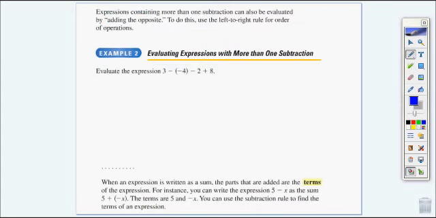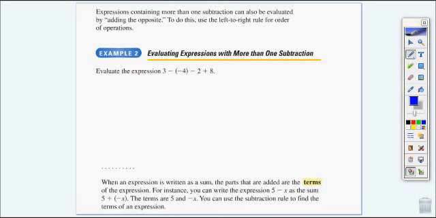All right, moving to the next example. Expressions containing more than one subtraction can also be evaluated by adding the opposite. So to do this, use the left to right rule for order of operations. So we're going to try this expression. Leave the first one alone.